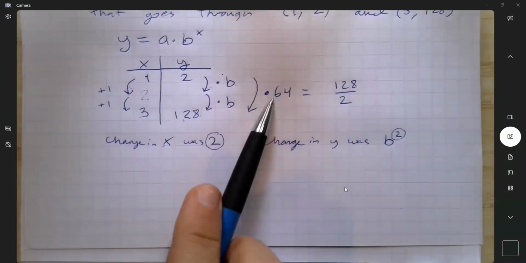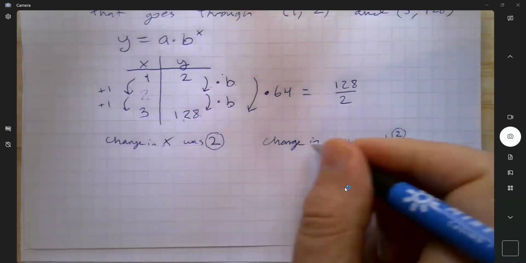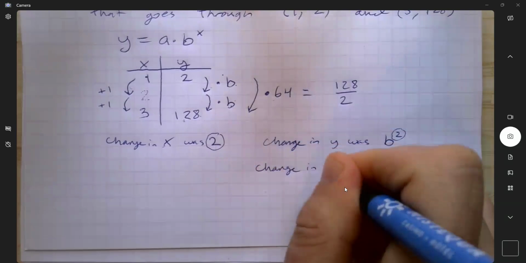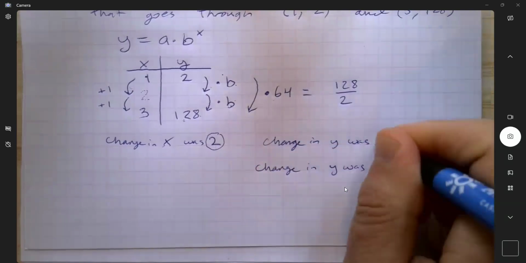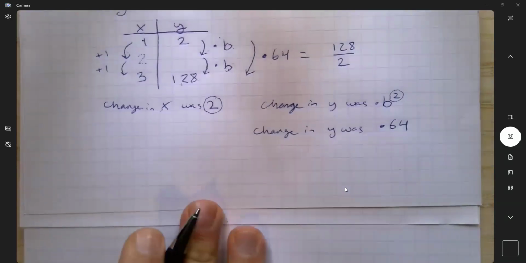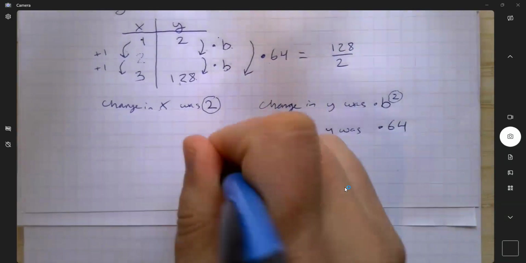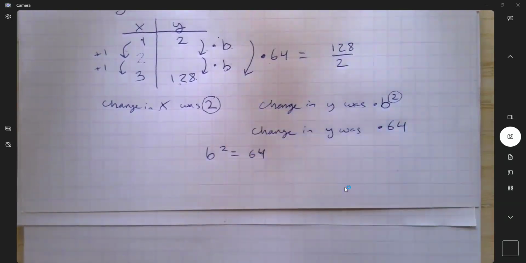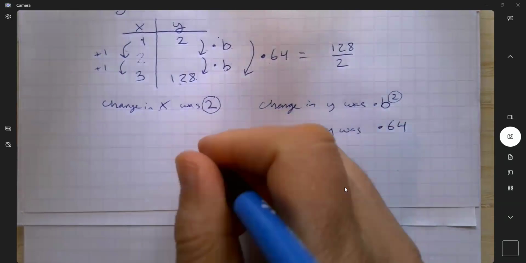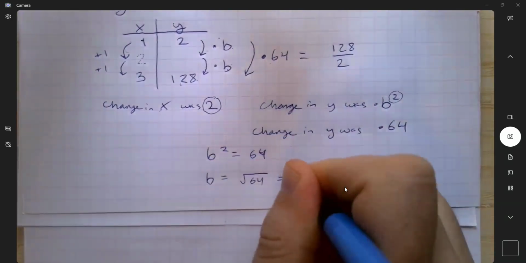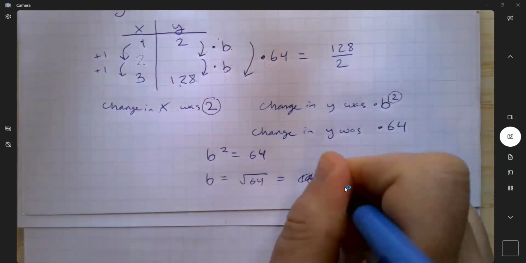We multiplied by 64. So the change in y was b squared. The change in y was also times 64. Well, that means b squared must equal 64. That means that b must be the square root of 64, which is 8.